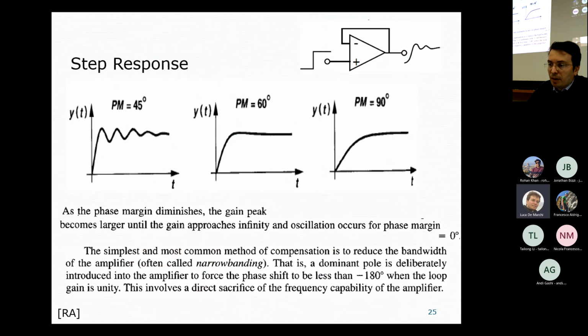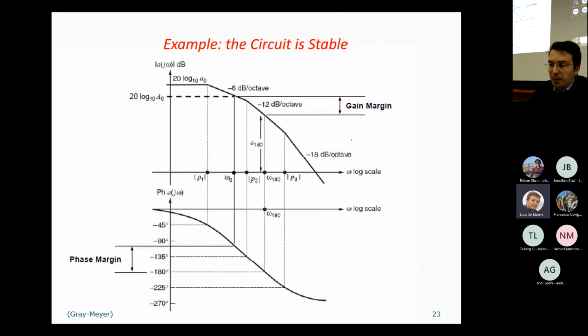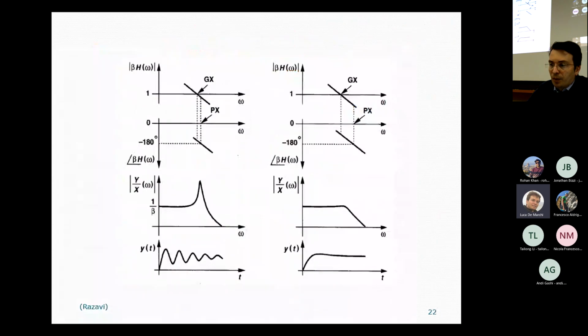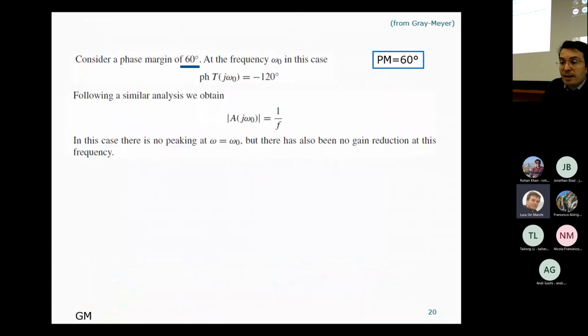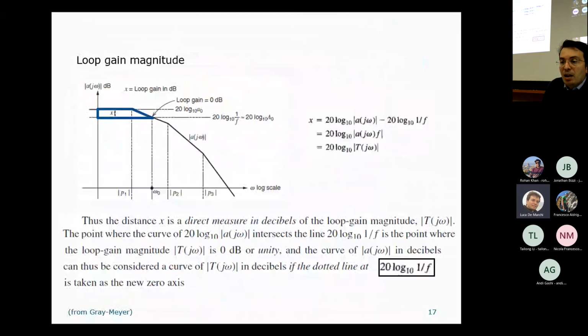So let me analyze another example. For example, in this case, once again, we have A of j omega, which is the solid black curve here. Then we have the 1 over f curve, which corresponds to the gain, basically, of the circuit when A times f is much larger than unity.